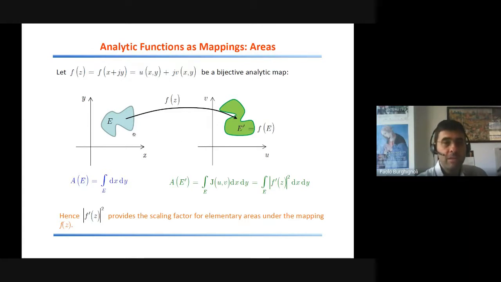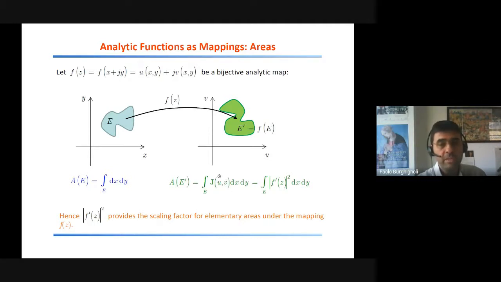The area of the set E is by definition the integral with respect to x and y of the unit constant, whereas the area of E prime is by definition the same integral with respect to u and v, but you can calculate the integral with respect to the original variables x and y by applying the usual rule for changing variables in integrals with respect to more than one variable. And the rule tells you that the differential must be changed, and there is the Jacobian determinant that gives you the scaling factor for the elementary areas.